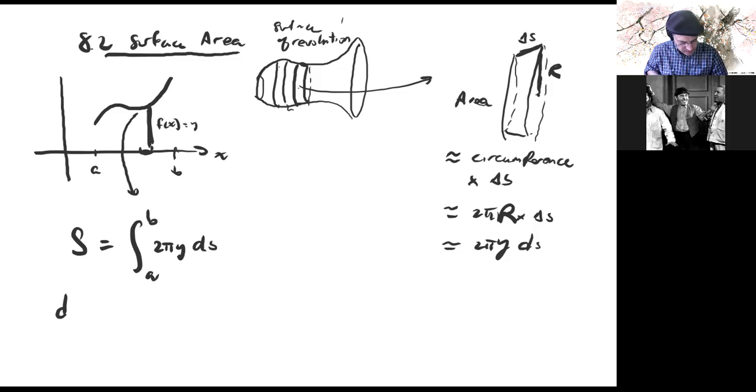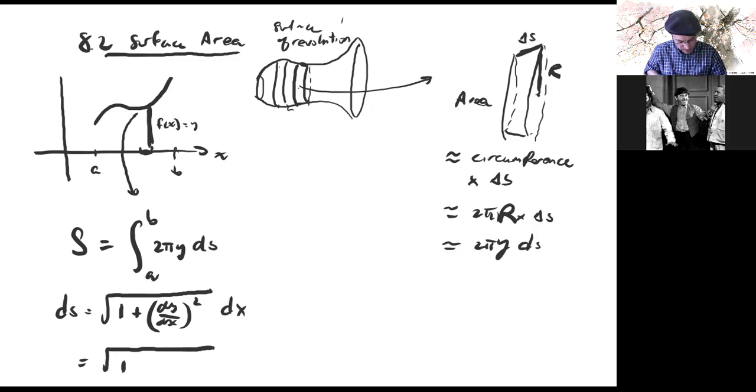And what is ds? ds is equal to the square root of 1 plus dy dx squared times dx, if we like, or if you want to use dy, it's also, we saw last time, the square root of 1 plus dx dy squared times dy, depending upon whether you have the function y in the form f of x or x in the form f of y. And this is around the x-axis. Okay, so that is the general statement of what the surface area is.